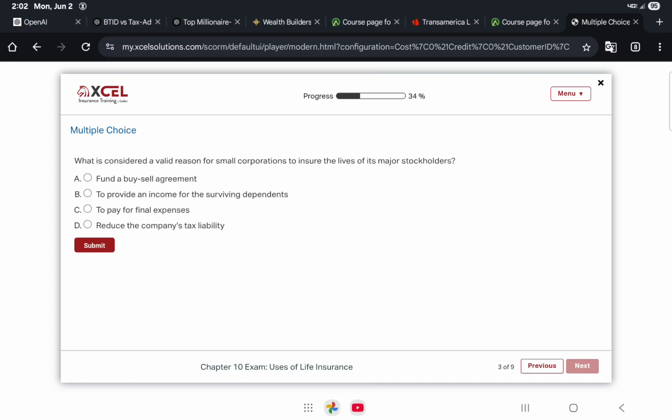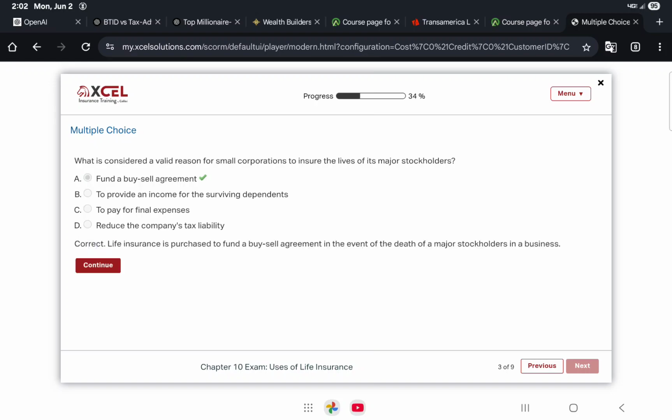To pay for final expenses, I'm sure that's not going to be their concern. To provide an income for surviving dependents, not really. They offer life insurance anyways, but we're talking about a small corporation buying it on the individual, versus offering the individuals to buy their own life insurance, or buying a group life insurance and just covering everybody.